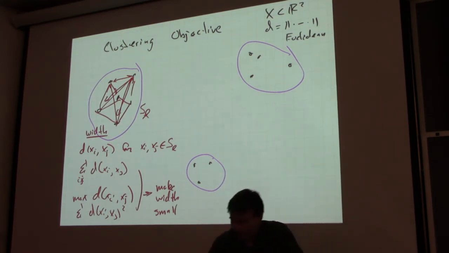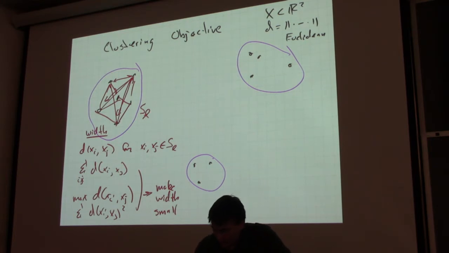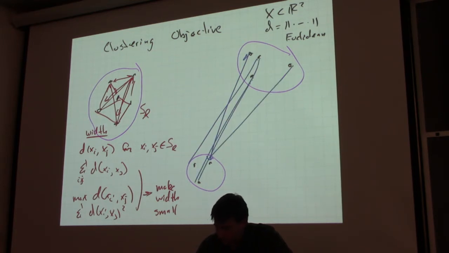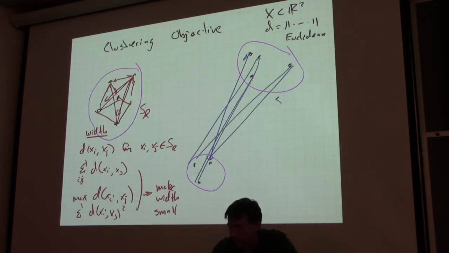There's another way of thinking about an objective where we draw the edges or the distances. Let's look at all the distances between two clusters. Now we're going to look at something we'll call the split.